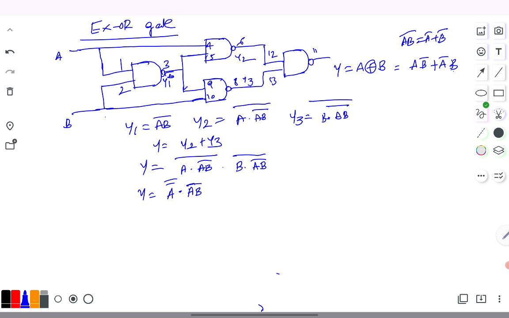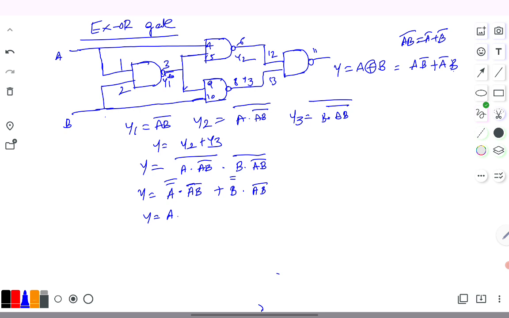A double bar will get cancelled, we will get A. We again apply De Morgan's theorem. This becomes B double bar, this one also will get cancelled.